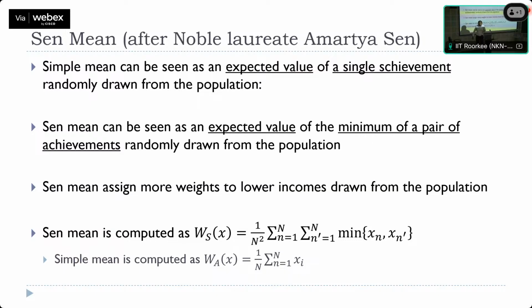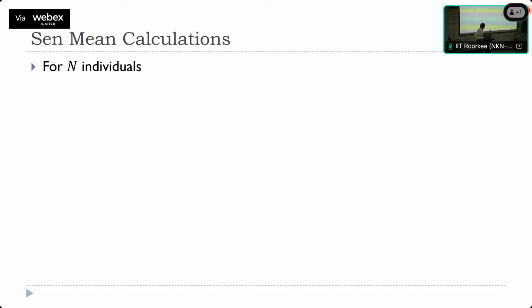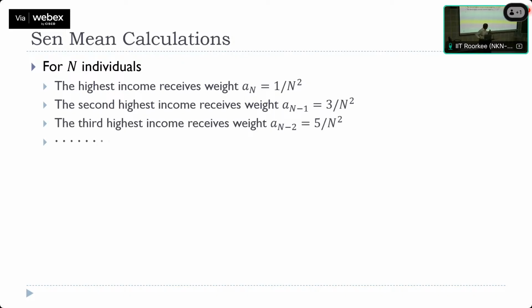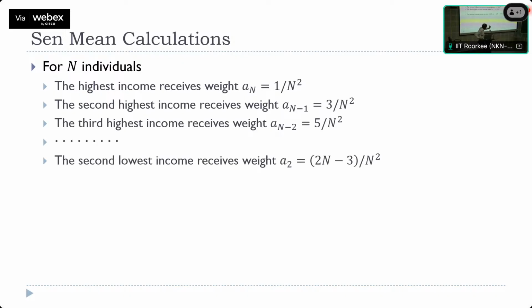Now, how do we use it for putting more weight on the poor? Let me show you the weights that the poor get. The richest person does not receive a weight of 1 over n, but receives a weight of 1 over n squared. The second richest gets a weight of 3 over n squared, and so on, 5 over n squared, up until the poorest person, who gets a weight of 2n minus 1 over n squared.